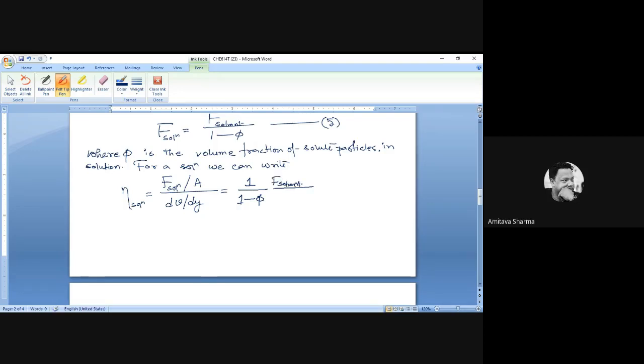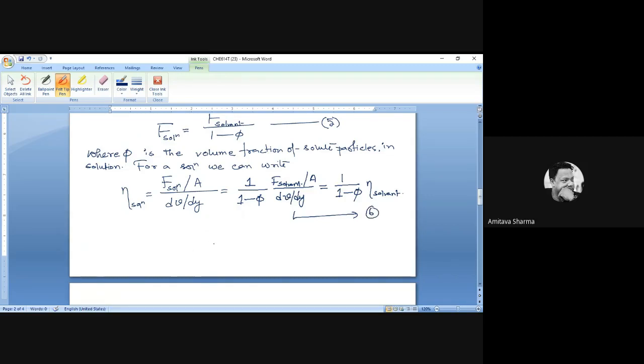This is solvent by A del Y, 1 minus 5. Okay, so this is the equation 6.